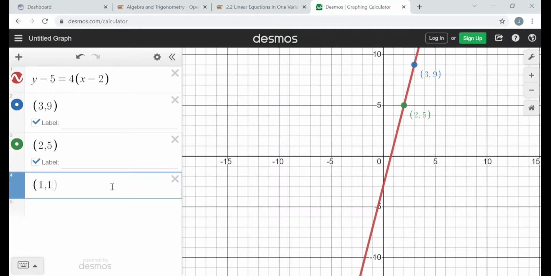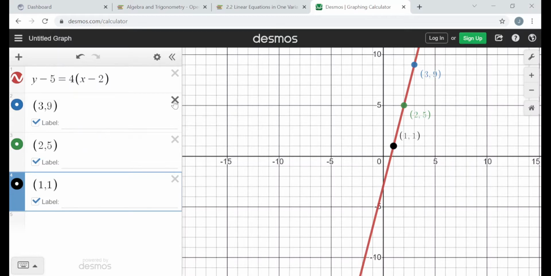The point (1, 1) should be on this. There it is, and we can have it labeled. But not only that, I can find all sorts of other points if I wished. Just find the x-intercept by replacing y with 0 and solving for x. Find the y-intercept by replacing x with 0 and solving for y. You can do all sorts of stuff with the equation.